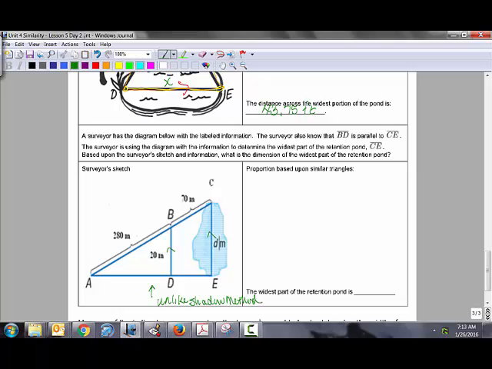So I look for the small triangle embedded in a larger triangle. And then I get the corresponding measures. So I have the 280, and that's going to go to, we're not just going to write the 70, because that's not going to be correct. It's going to be the 280 plus the 70.